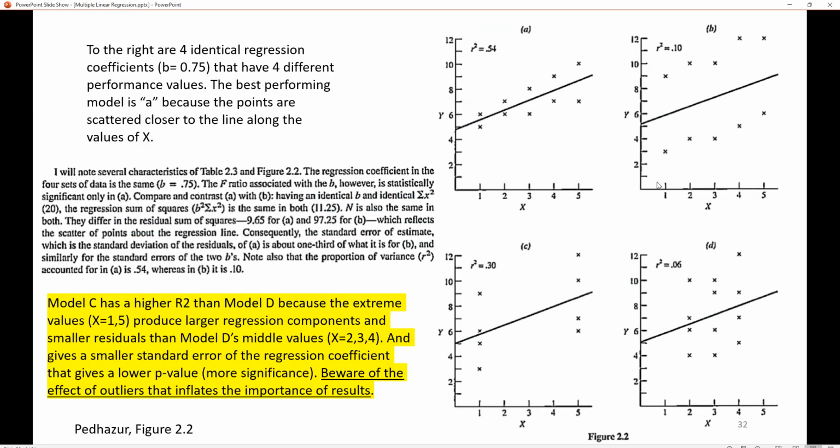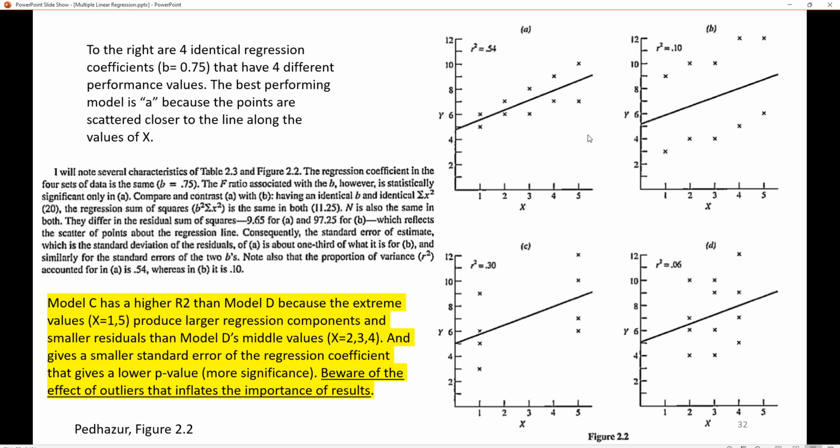And in this graph, we do actually have 4 regression lines, all of them having a regression coefficient of 0.75. So their regressions are heading in the same direction at the same incline, but we do have 4 different types of model quality.